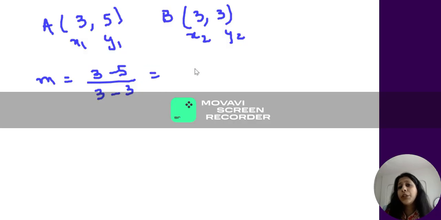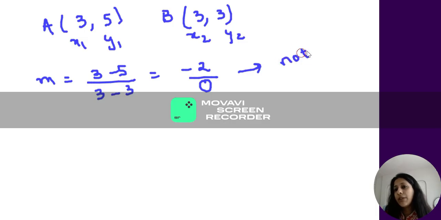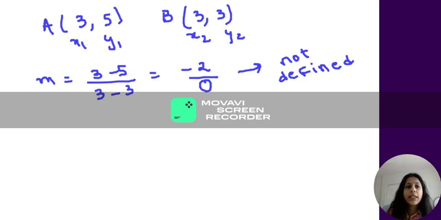What do I observe here? My numerator is minus 2, but my denominator has come out to be 0. I can't have a denominator to be 0. If my denominator is 0, we call that not defined, right? It's not defined only.